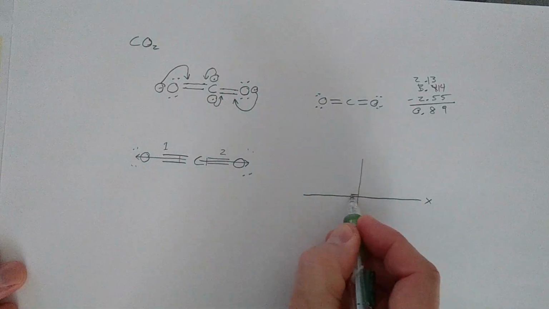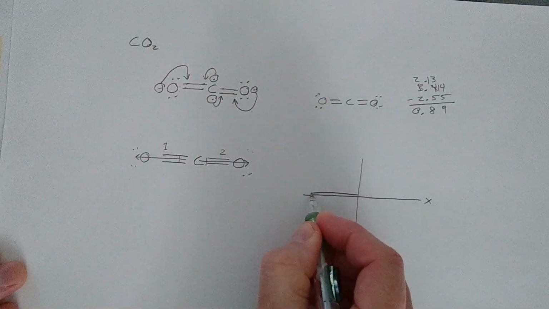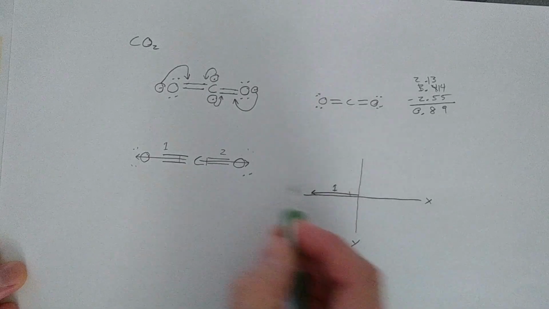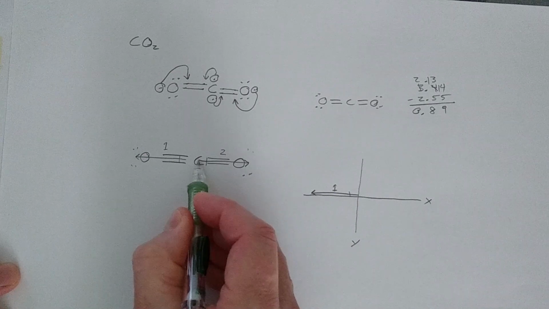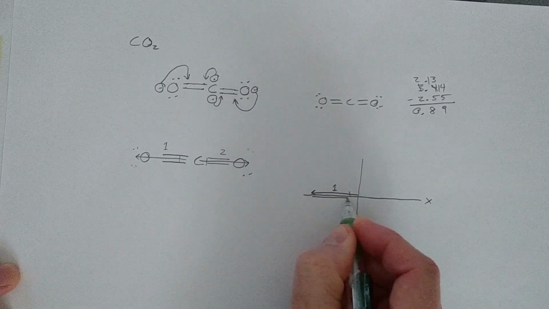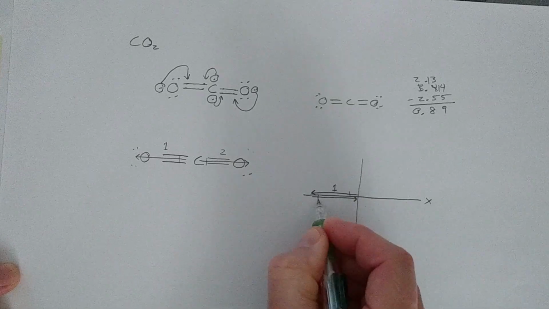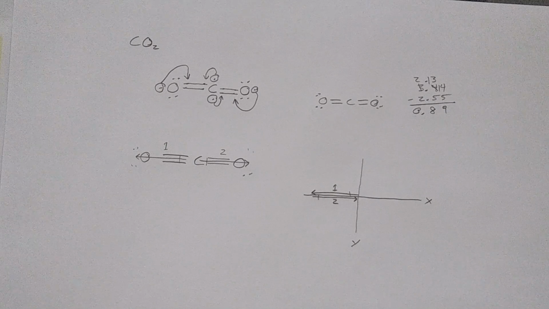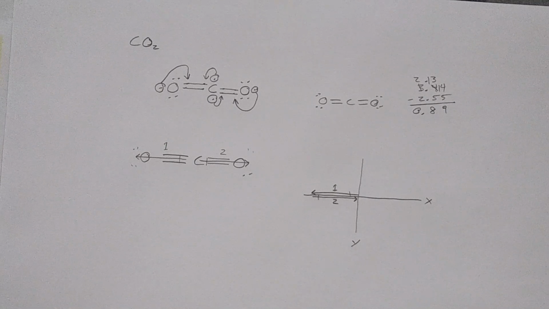I will place dipole 1 at the origin, and I will place the base of vector 2 at the head of vector 1, and I see that I return to the origin.